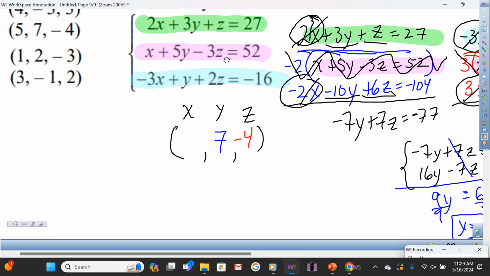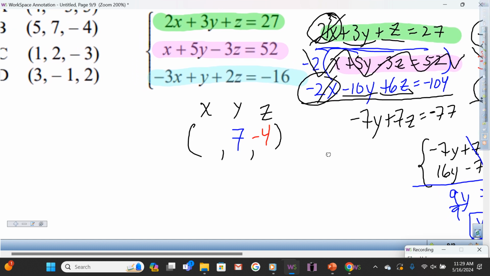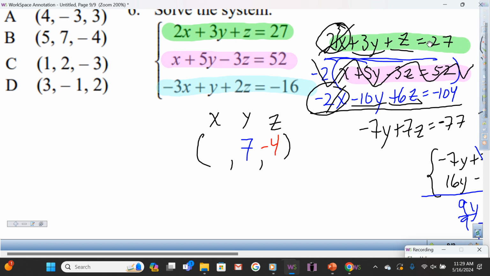Tell your neighbor which one you're going to use out of these three to substitute those two values. Let's see. Ryan, which one do we use? Green, pink, or blue? Green. All right. So bring down the green.